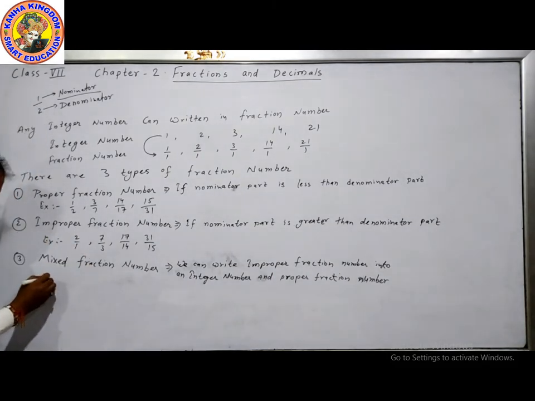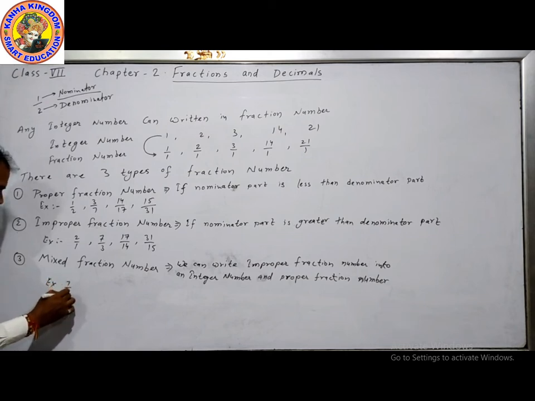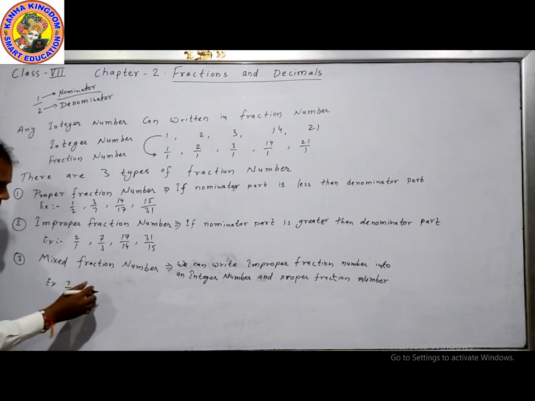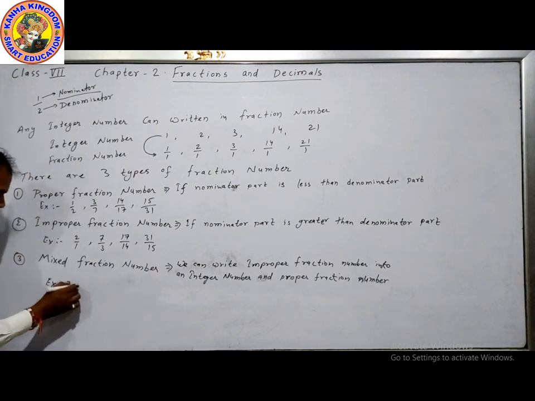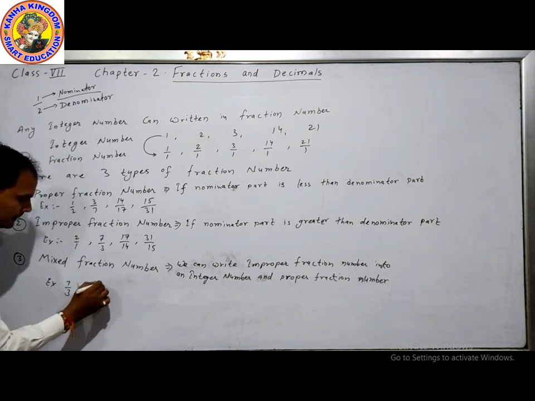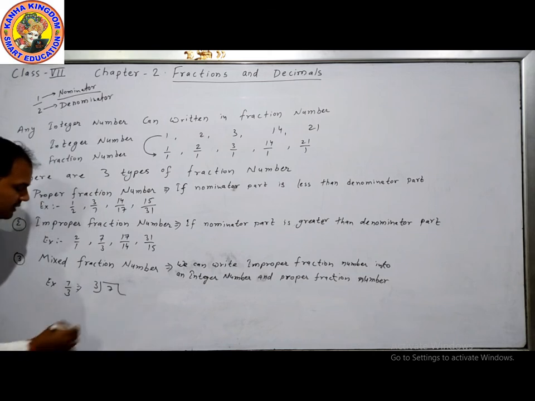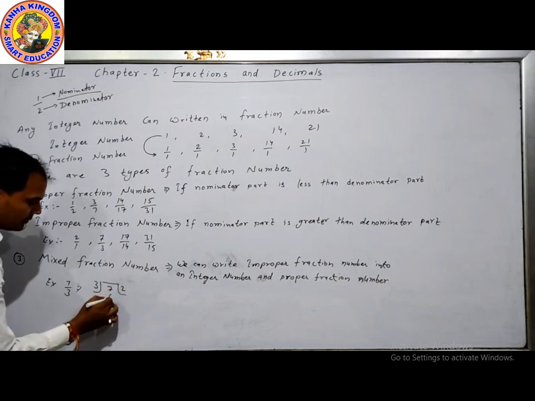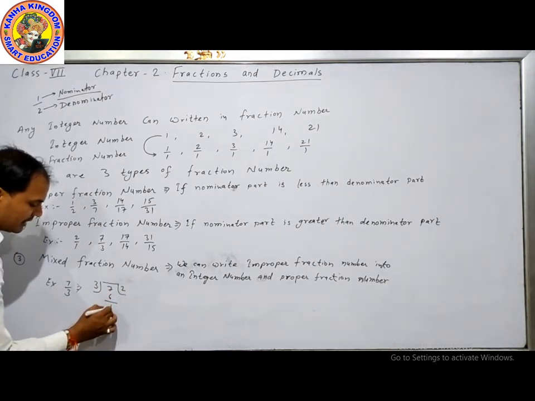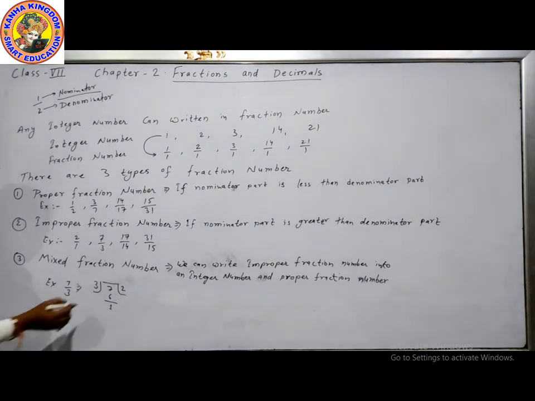For example, 7/3. We can divide 7 by 3. Let's take 3 into 7. 2 times 6, remaining is 1.